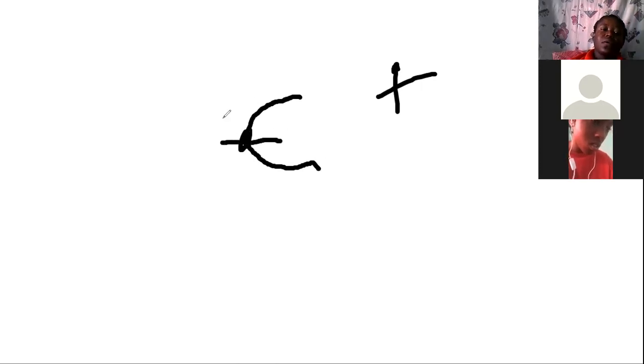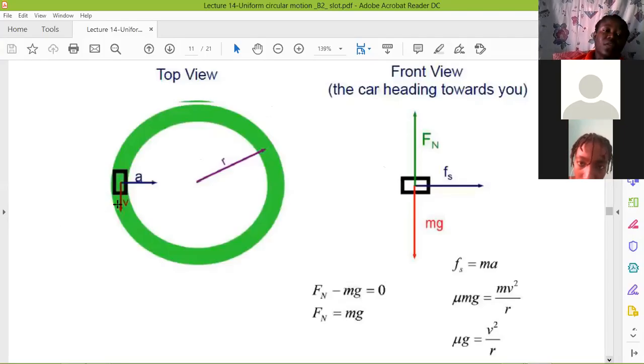If the car is at that point, what are the forces acting on that object? Remember that your object continues to move.